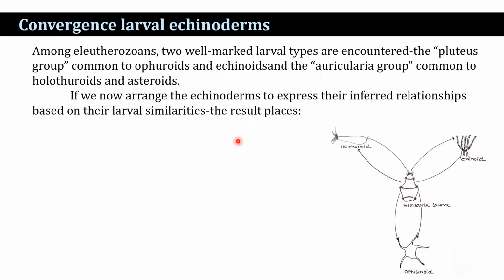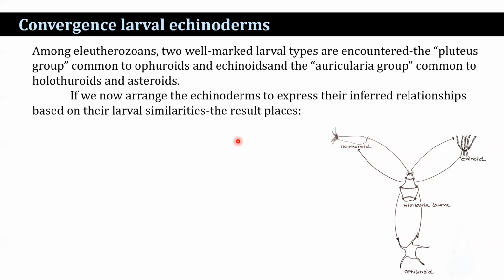So, among echinoderms, especially eleutherozoans, two well-marked larval types are encountered: the Pluteus group, common to ophiuroids and echinoids, and the Auricularia group, common to holothuroids and asteroids.